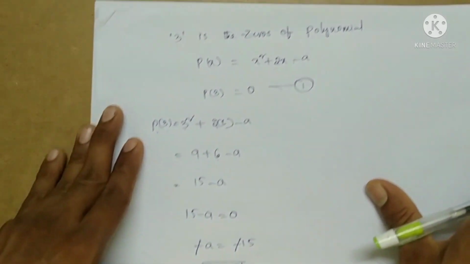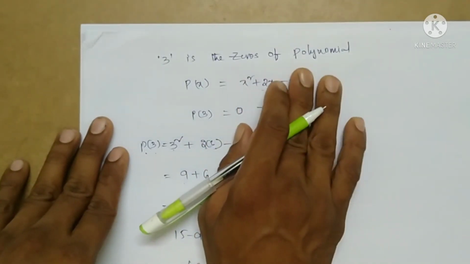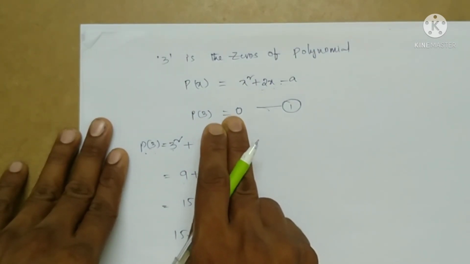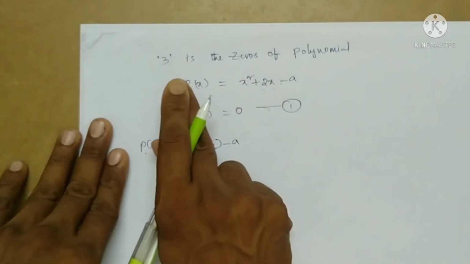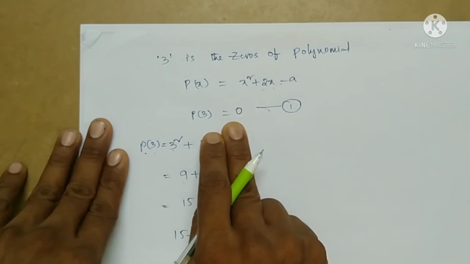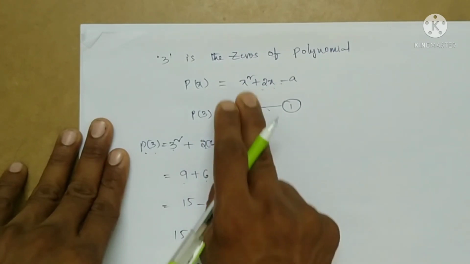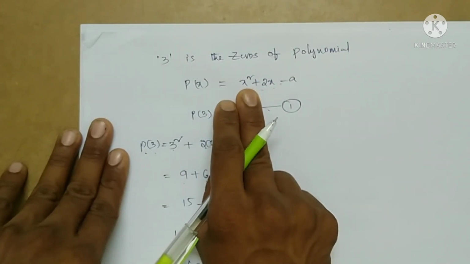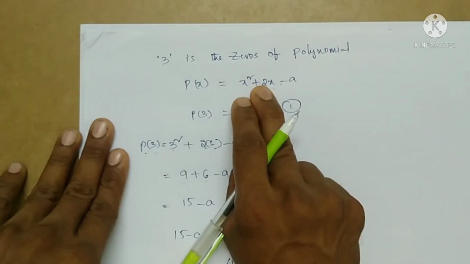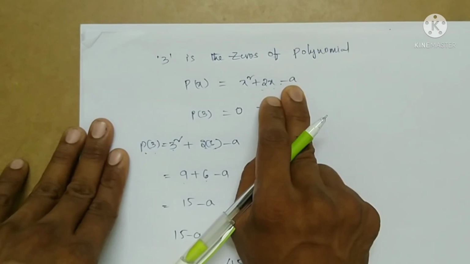So in the question, 3 is the zero of the polynomial means p of 3 is equal to 0. This is a very important equation, my dear children. This is a quadratic polynomial, meaning the highest degree of x is 2. So p of x is equal to x square plus 2x minus a.